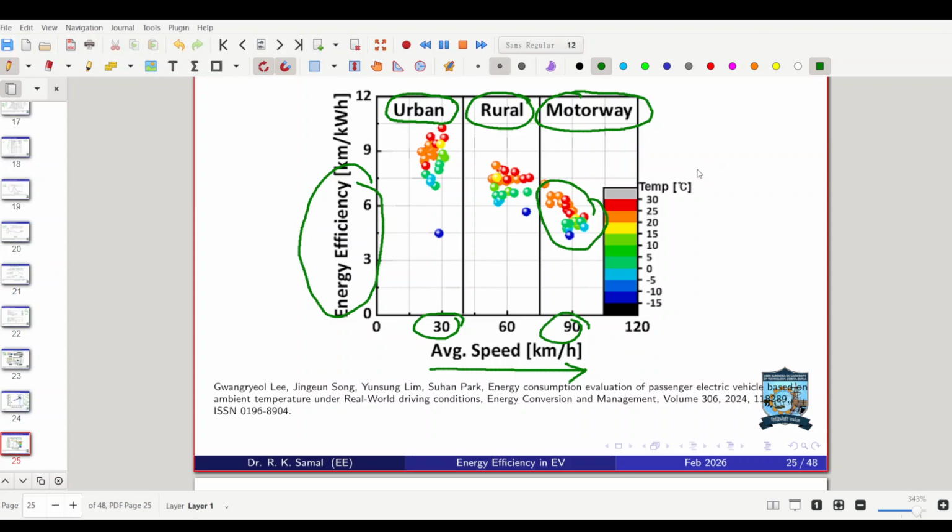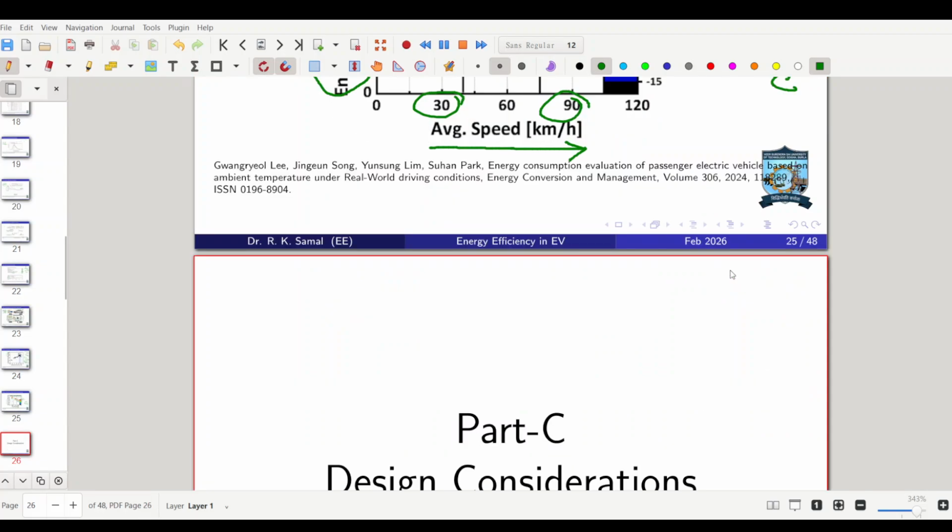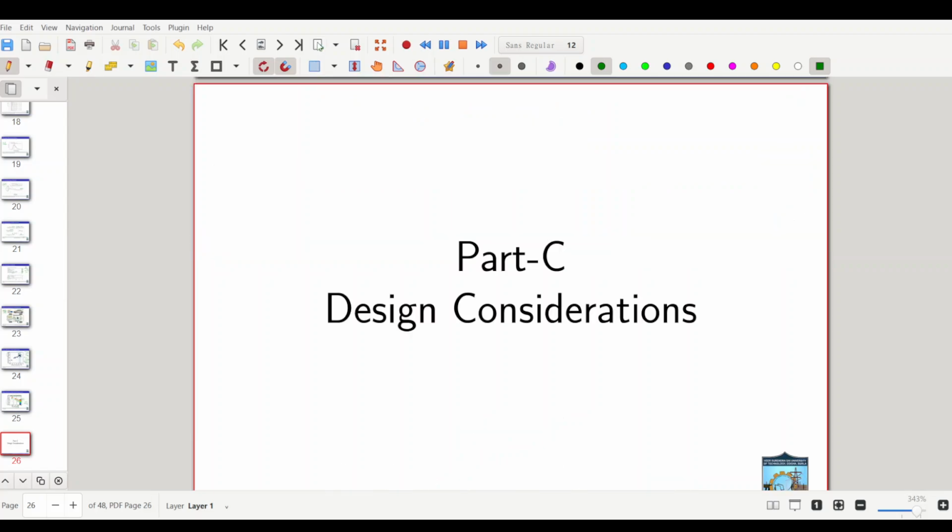And finally we saw a practical test which estimated the ambient temperature of around 28 to 30 degrees centigrade to be the optimal one for providing the best efficiency for electric vehicles. Okay, so with this we complete the first two parts of our discussion.